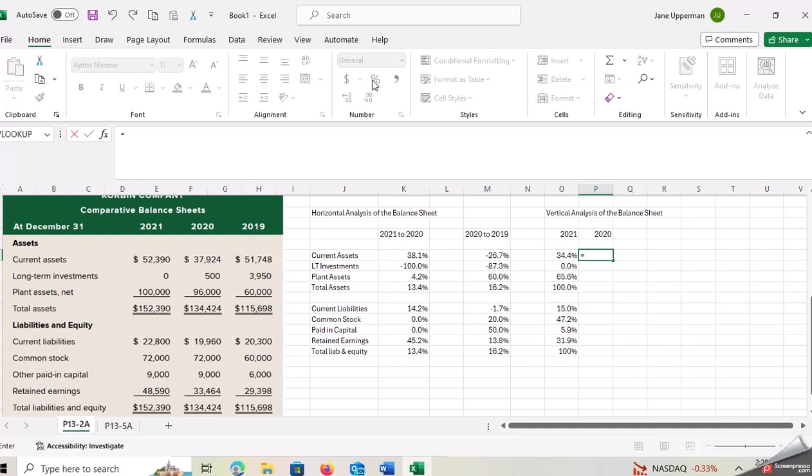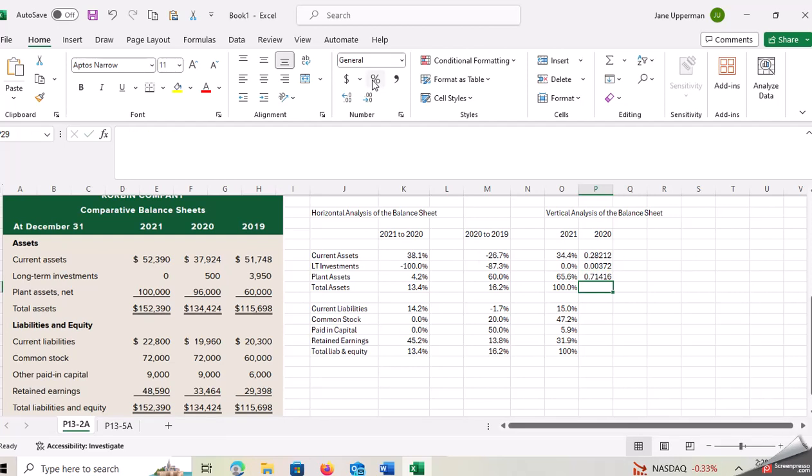So then we take the 37,924, divide it by those total assets, which are 134,424. Then we take the 500 divided by the 134,424. Then we take the 96,000 divided by the 134,424. And then again, take the 134,424 divided by the 134,424, and you'll get 100%.